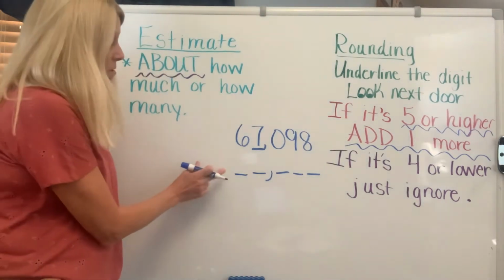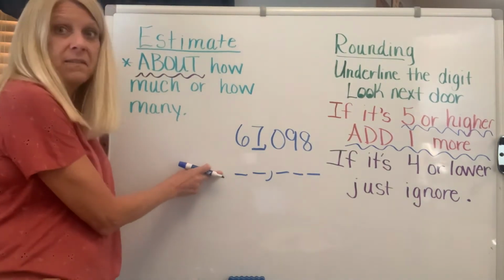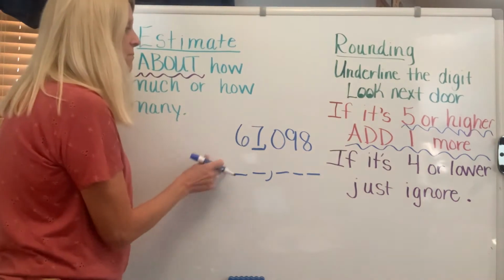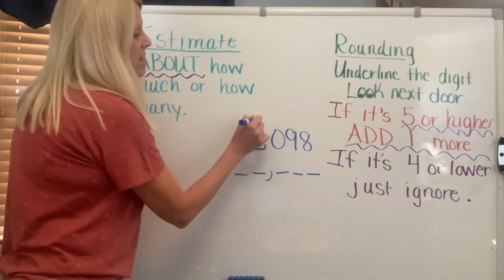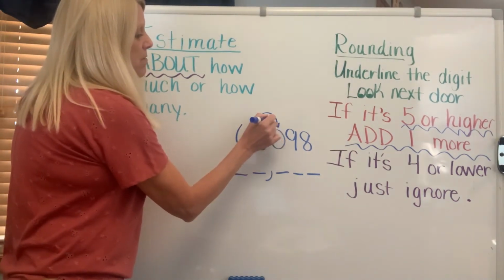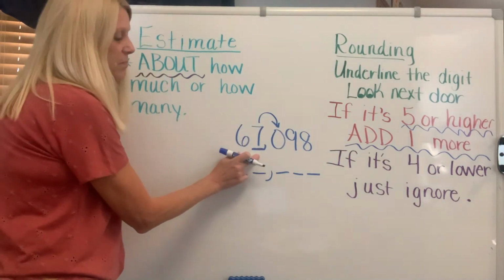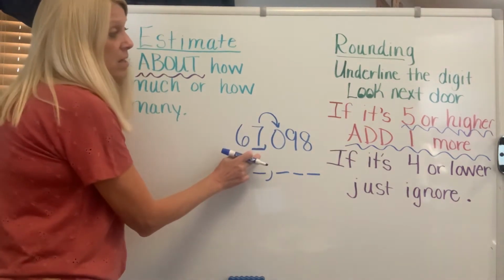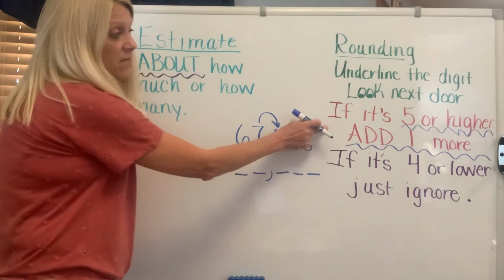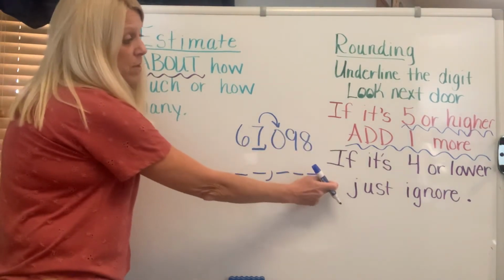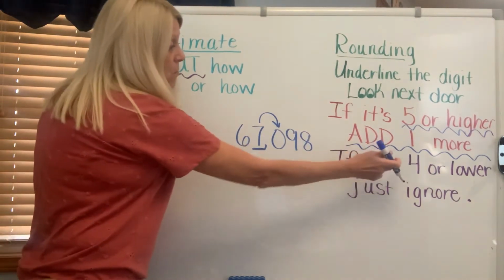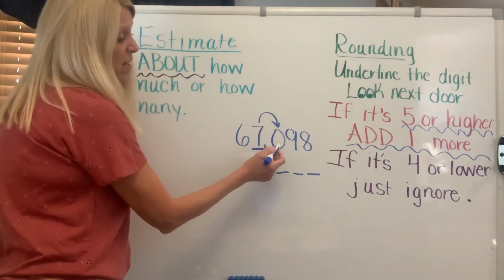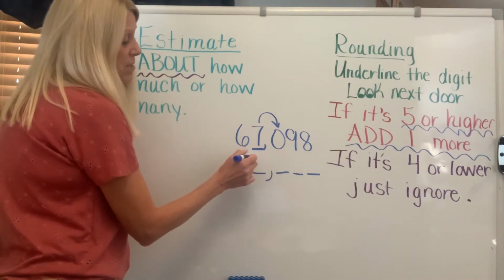When I round, my estimate needs to have 5 digits as well. So I'm going to look to the neighbor on the right. Let's see, is it a 5 or higher or 4 or below? Since it's 4 or below, I'm going to ignore, and this one's going to stay the same.